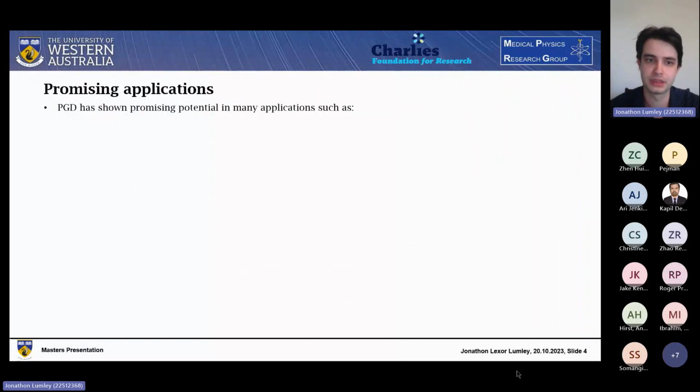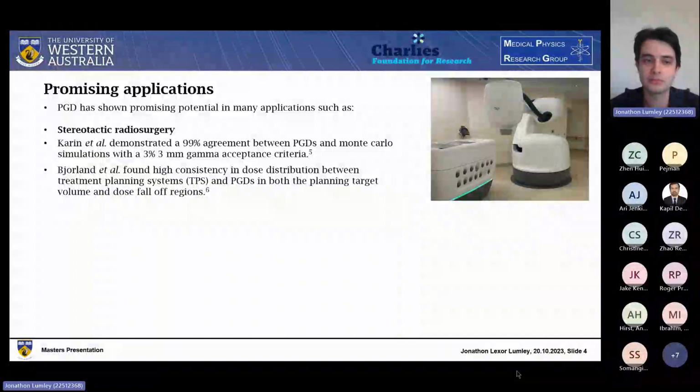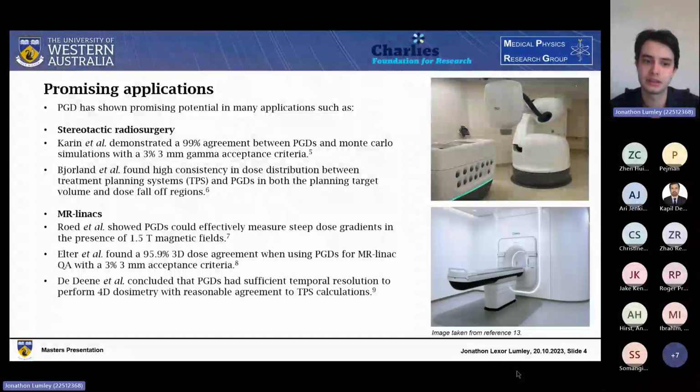So in terms of promising applications, there have been quite a lot of papers looking into stereotactic radiosurgery, and it's been shown that the polymer gel dosimeters have shown good agreement compared to that with treatment planning systems. Furthermore, since there are no metallic components in the gel dosimeters, they are compatible with MRI linacs.